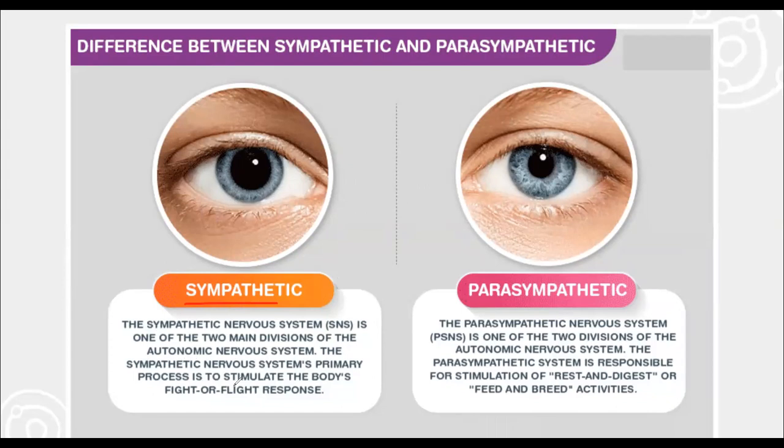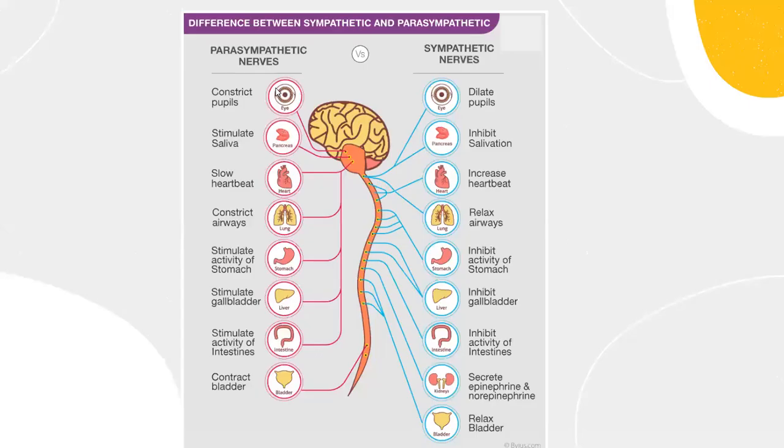Basically, it is to stimulate the body for the fight or flight response. Here, again, the parasympathetic is responsible for rest and digest, or feed and breed activities, relax activities. Okay, rest and digest or feed and breed. We will see what are the responses that fall under the two.